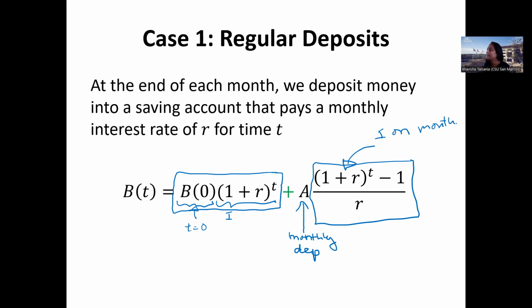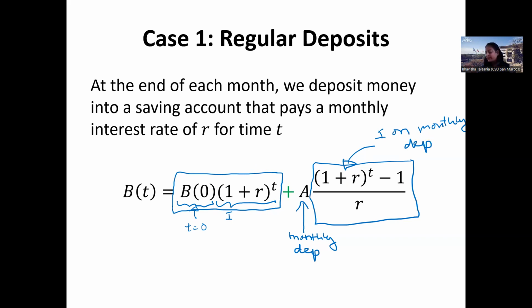The reason it looks a little more complicated than the nice one that we know is because it takes into account that when the first month comes, you deposit, say, $100. That $100 is accumulating interest every month for T years. Let's say you were to do it for 5 years, so that's 60 months, 5 times 12.